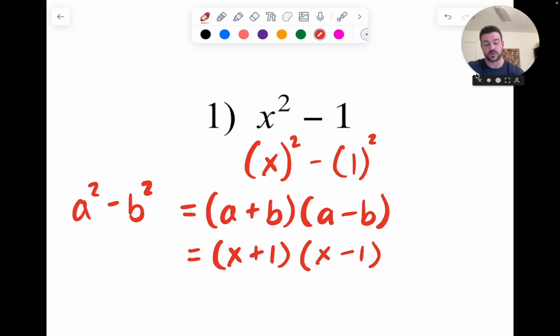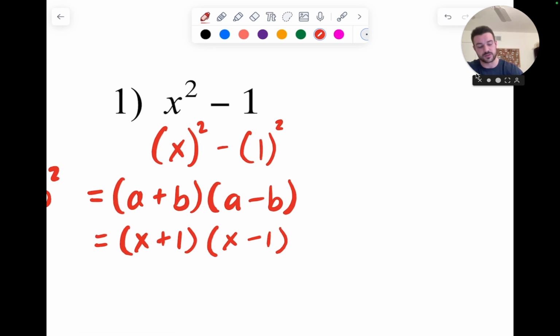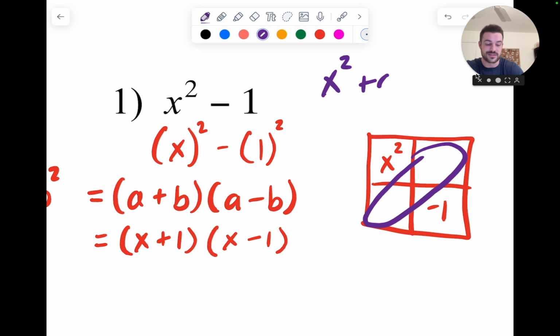This is basically how it works, but one of the nice things is we can also use our box method. We put our first value here, and our last value at the end. Then our two diagonals need to add to our middle value. Technically, our middle value here is 0x, so we need two values that are going to cancel each other out.